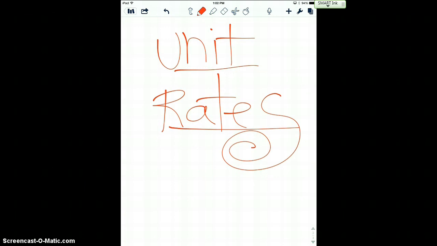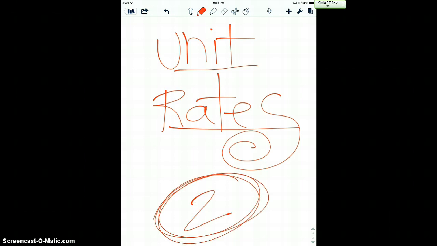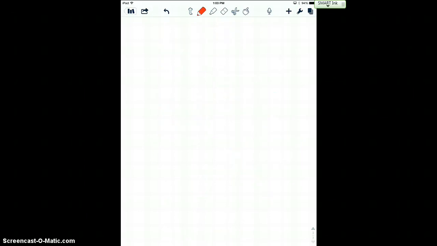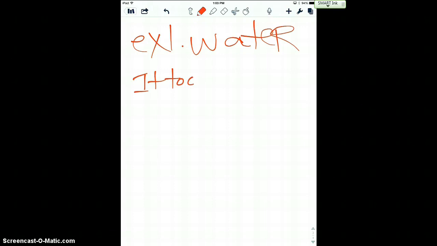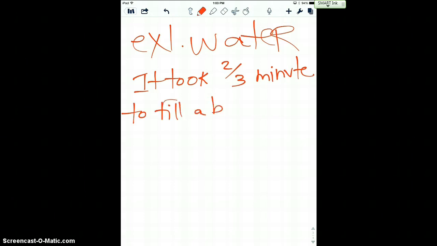We're going to do two examples. The first one, example one, is about water. Let's go ahead and write out what this problem entails. It took 2/3 of a minute to fill a barrel 1/4 full of water.